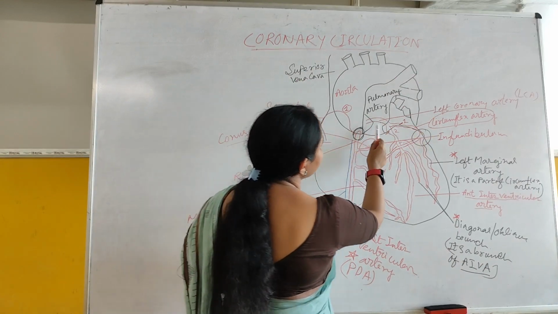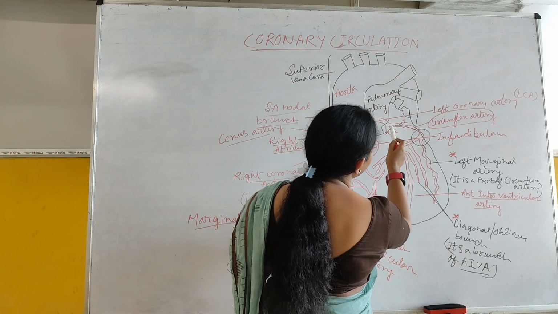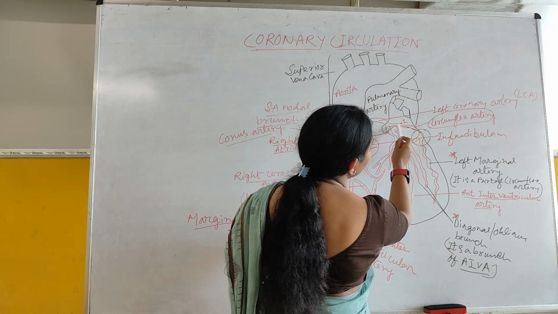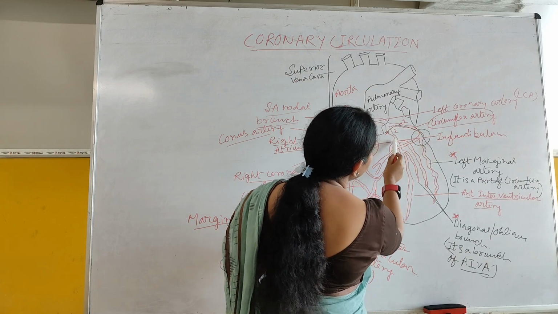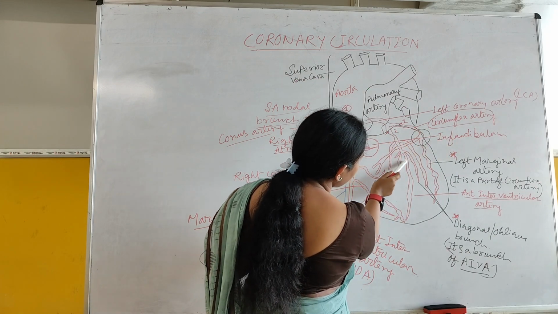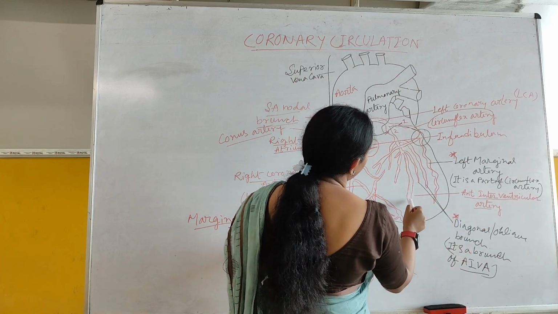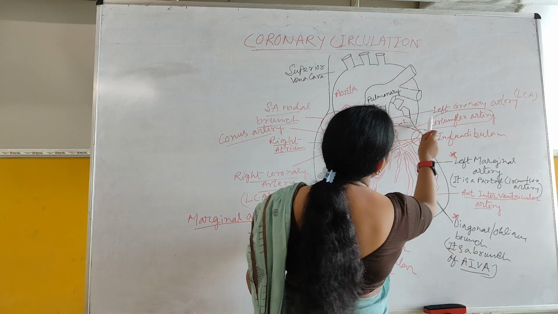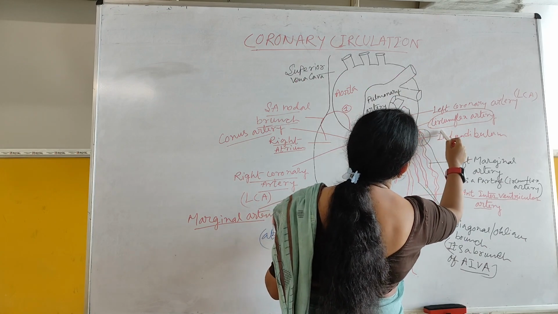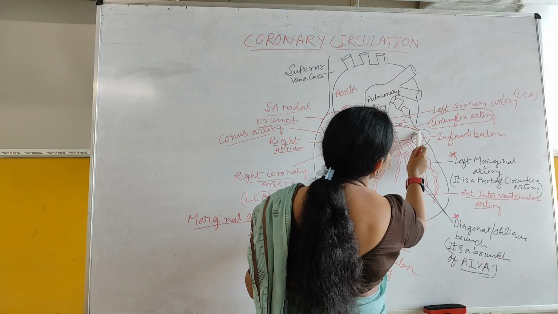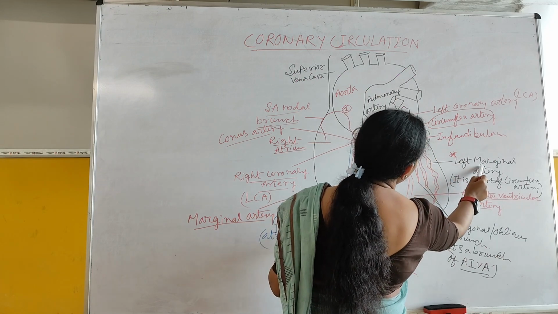The left coronary artery forms two main branches, the circumflex artery, and the main branch, the anterior interventricular artery. This circumflex artery again turns here and forms the left marginal artery.